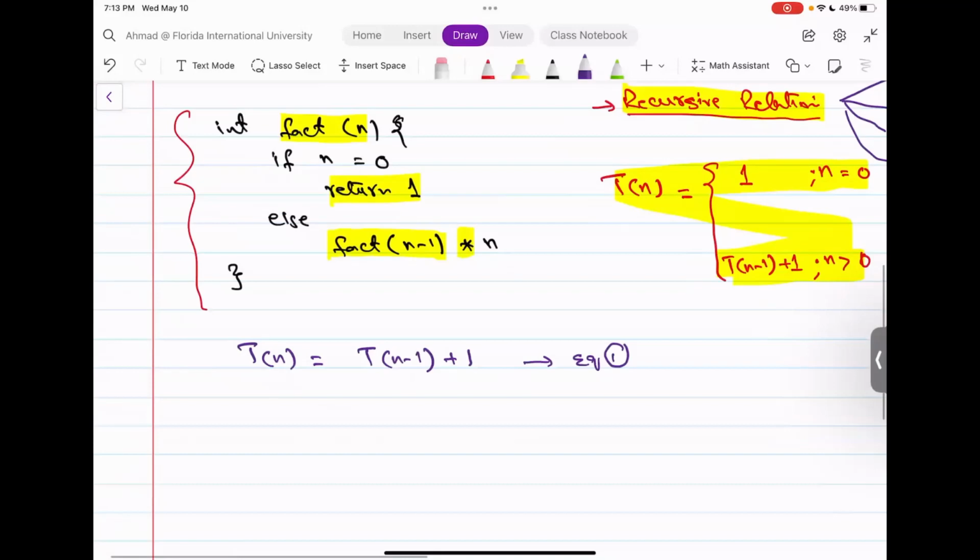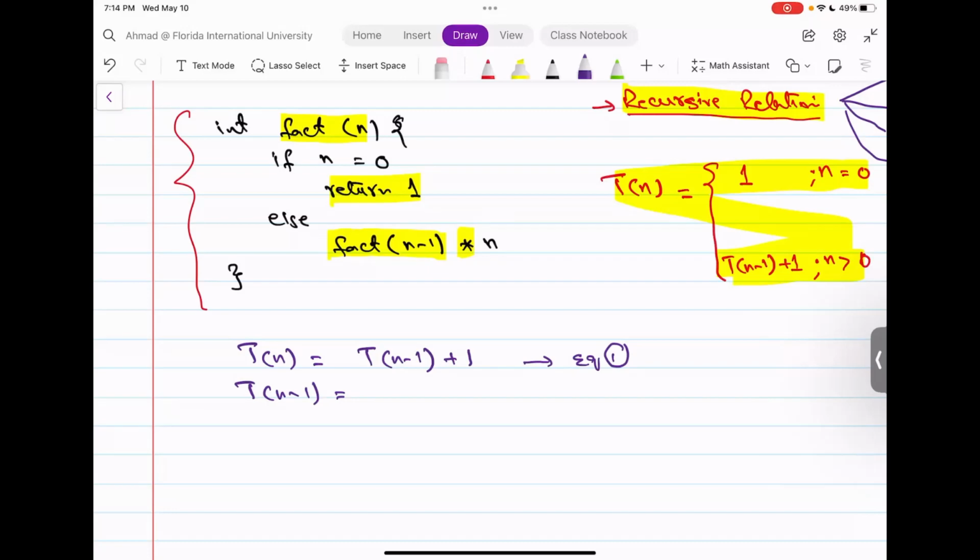of this factorial method. Now, what does the backward substitution method say? It says, if you are interested in finding T(n), go 1 step backward and see what time is required for that. What does that mean? In place of n, I'm going to substitute n-1, because if n is the current step, the backward step would be n-1. So I substitute n-1 in place of n.